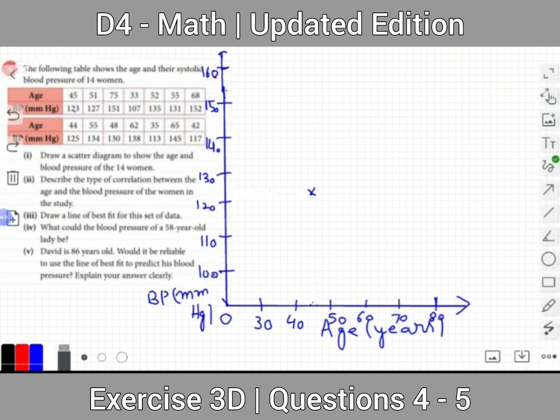Now for 51 we have BP 127. For 51, here we have somewhere 51, and here we have 122, 124, somewhere here 127.